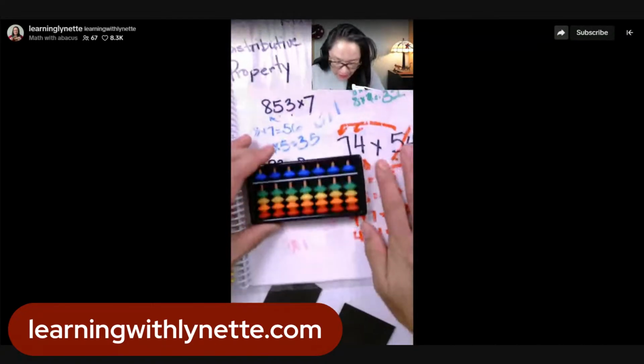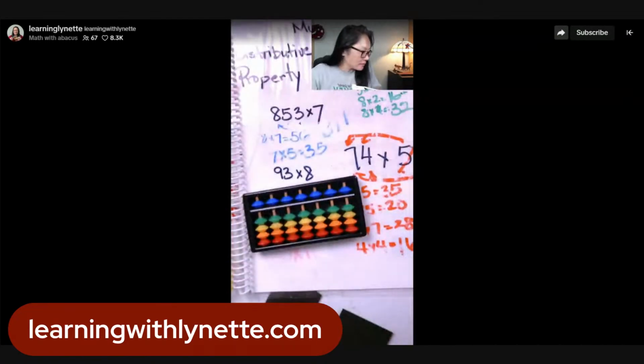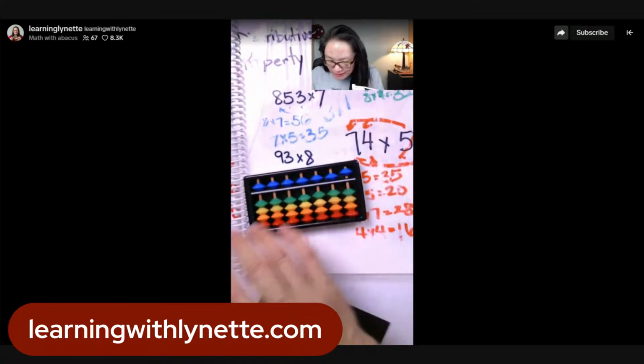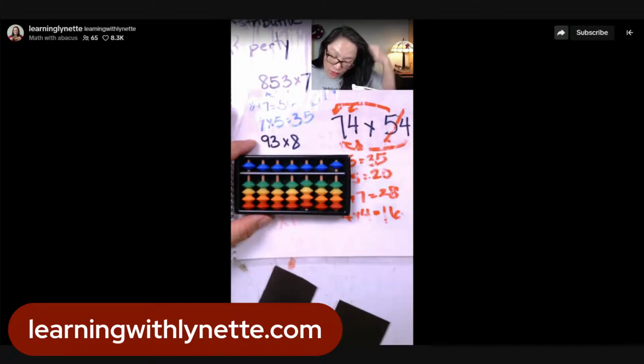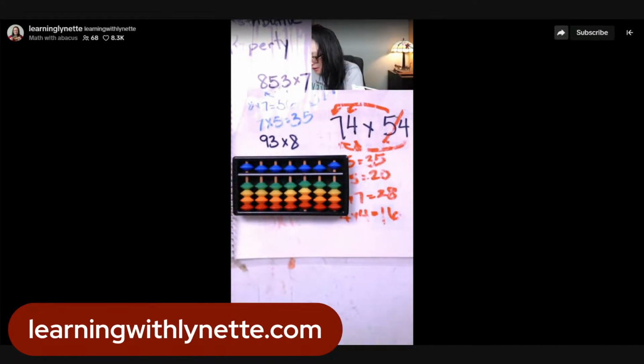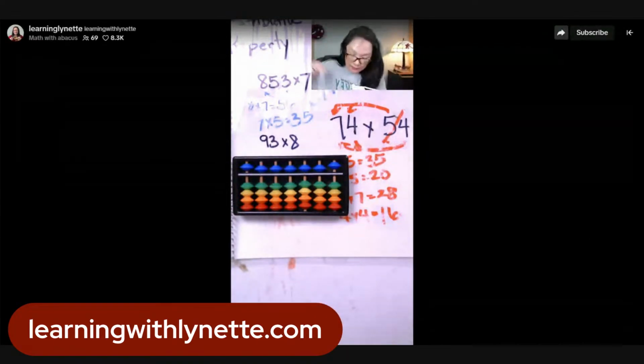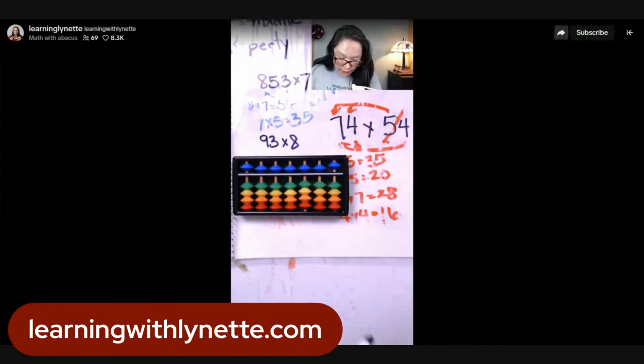Okay, so one thing is in abacus world, you need to know your multiplication facts. That's hands down. But once you understand your multiplication facts, it's very easy. The first thing we need to do is understand where our starting point is.